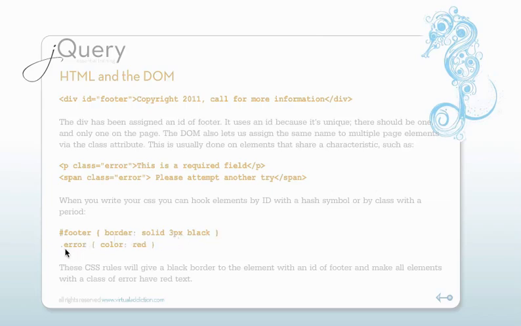And here, if I wanted to assign the error class, I would just write .error, and then tell it to make all the text red or something like that. So these CSS rules are standard CSS styling, basically making the footer have a black border and making the error class text turn red.